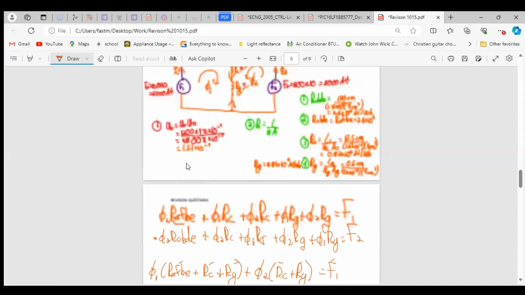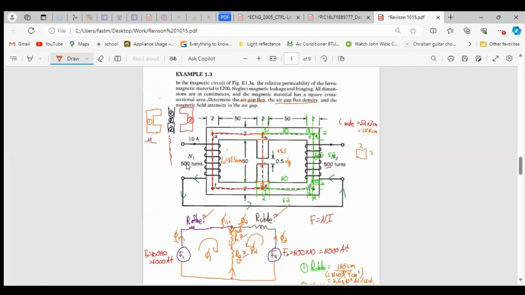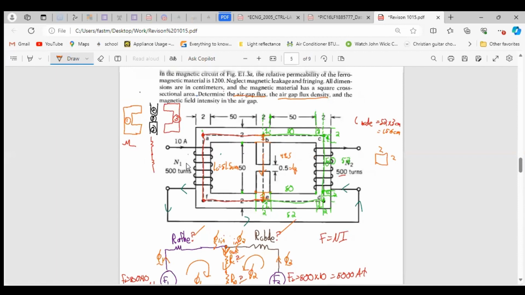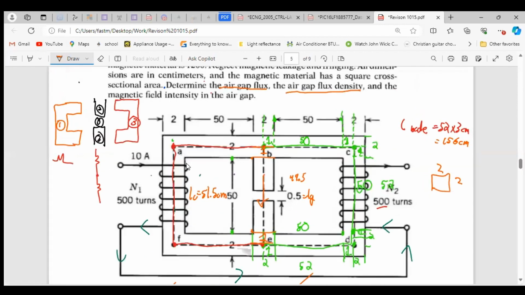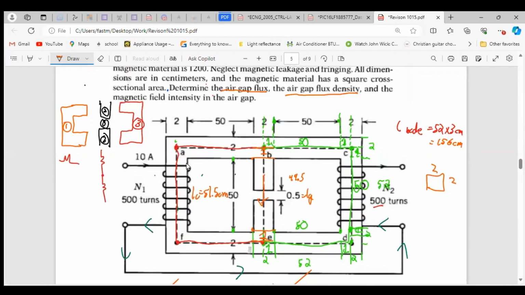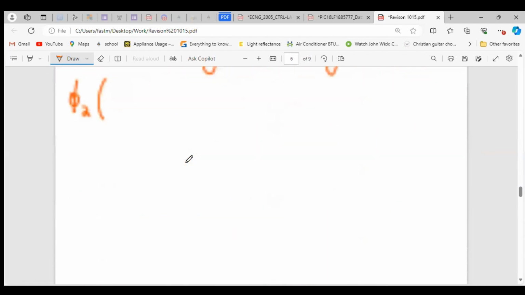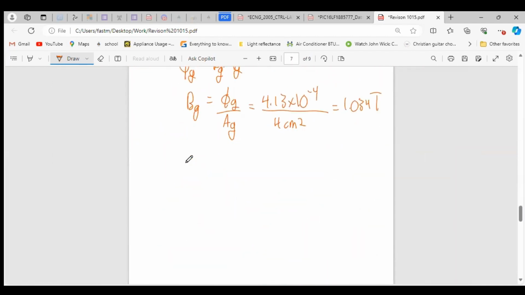The last thing the question asks for was the magnetic field intensity, which is H of the air gap. So now our equation for H: B is equal to mu H, and in our case BG is equal to mu 0, because mu 0 is mu G, times HG.